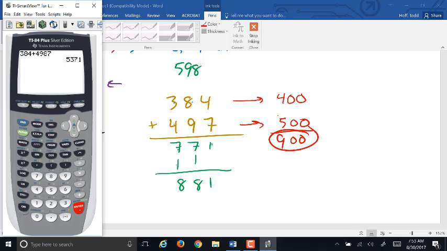Well, what happened? Yeah, I accidentally hit an extra key in there. And it's also not uncommon for me to have 384 plus 497 telling me it's 531. What happened there? Yeah, one of the keys didn't register when I was typing in the 384. Happens a lot. If you're not paying attention, it happens.